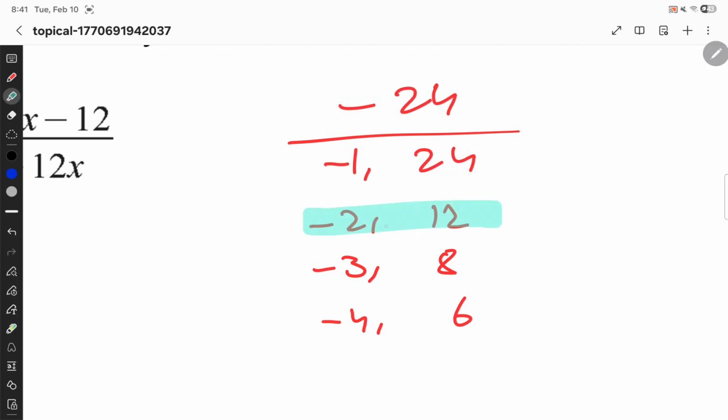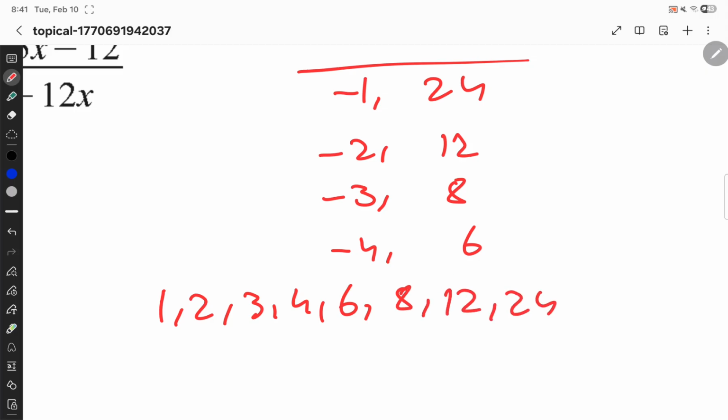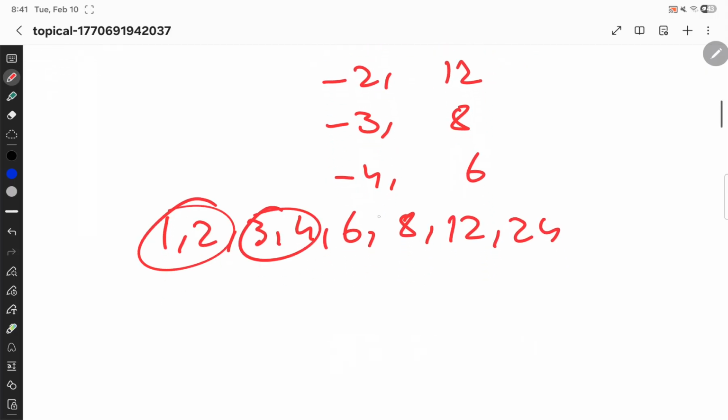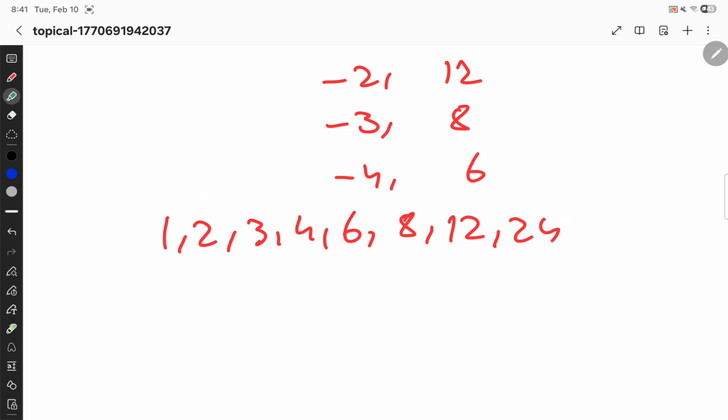So this is how you should make your pairs. They must multiply to the upper number. Some people just write it like so and then get confused as to how to make pairs. When I was teaching, they made pairs like this. No, this is not a pair. We need pairs which multiply to the above mentioned number, which is negative 24 in our example.